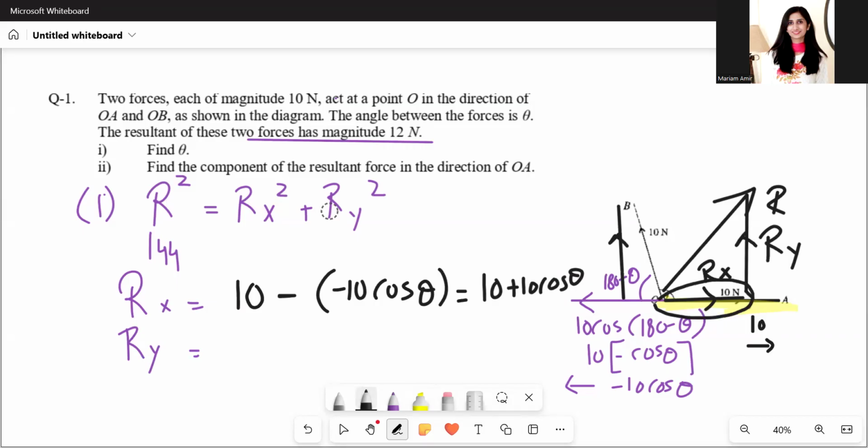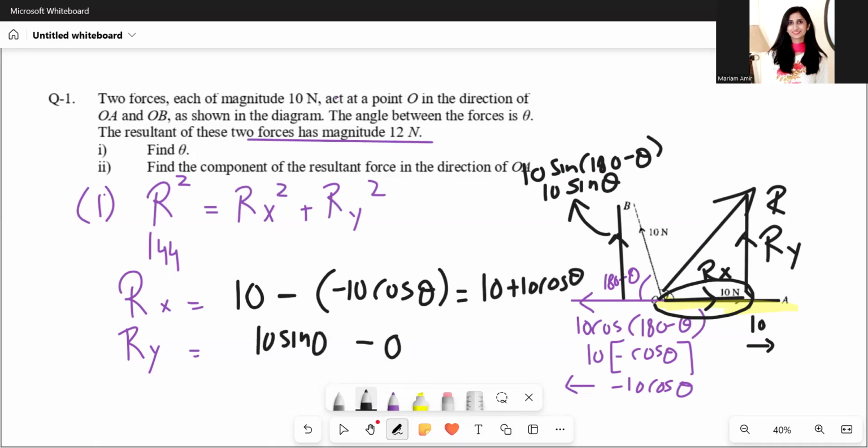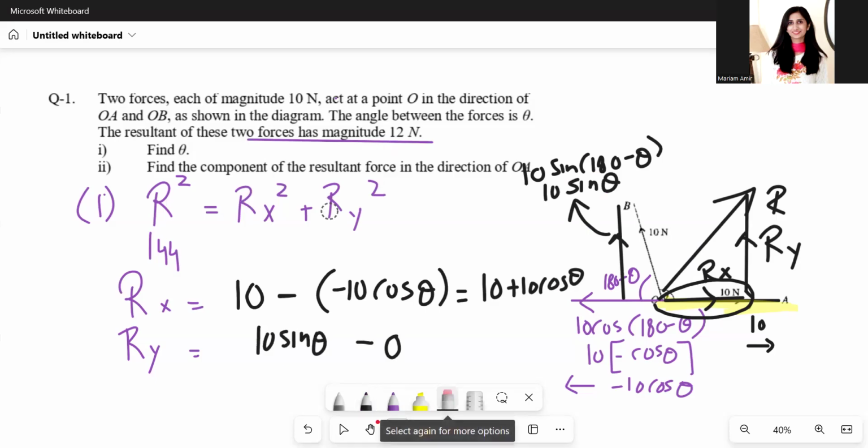There is no y component of the lower 10 Newton force, so that's just 0. And for this one, it's 10 sine(180 minus theta), and you must know sine(180 minus theta) is just sine theta. So we get 10 sine theta minus 0, which is just 10 sine theta.